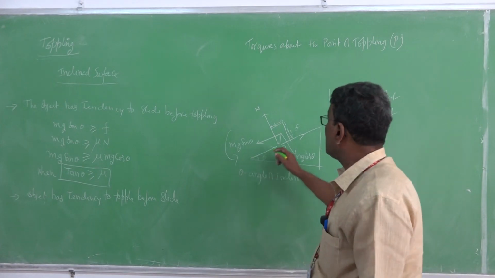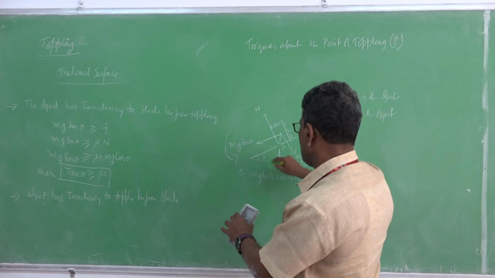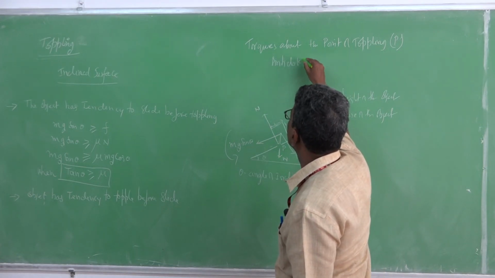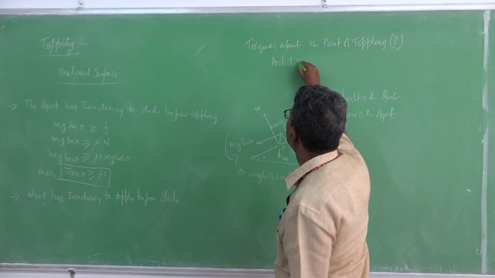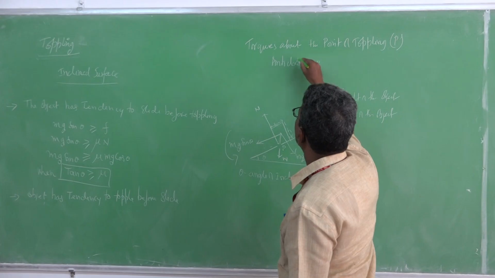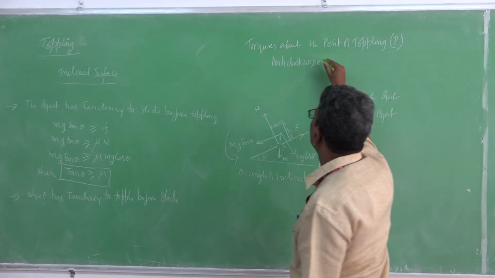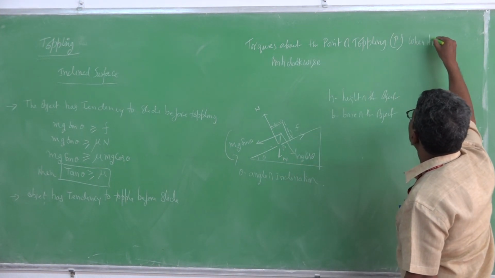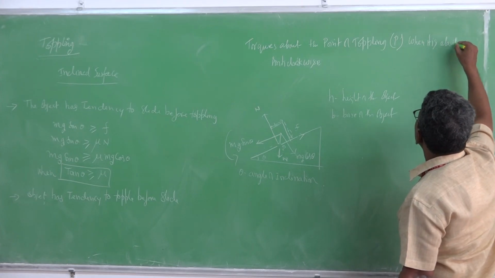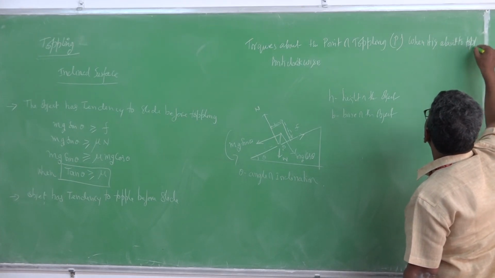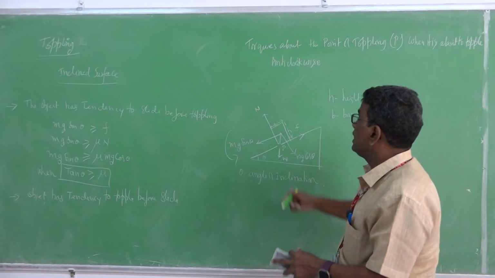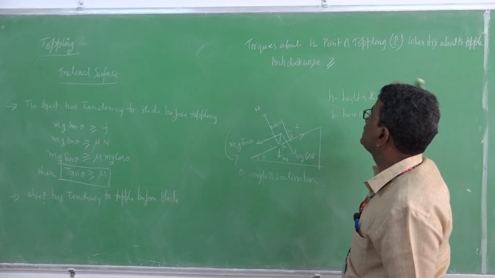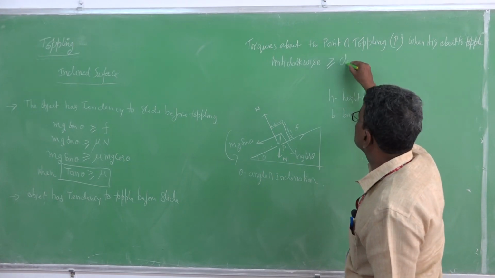So the torques about the point of toppling: when it is about to topple, the anti-clockwise torque should be greater than or equal to the clockwise torque.